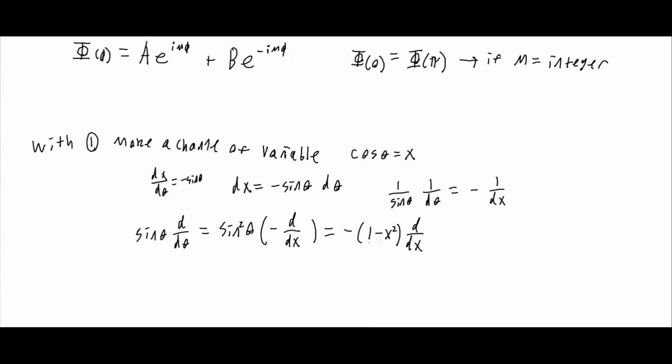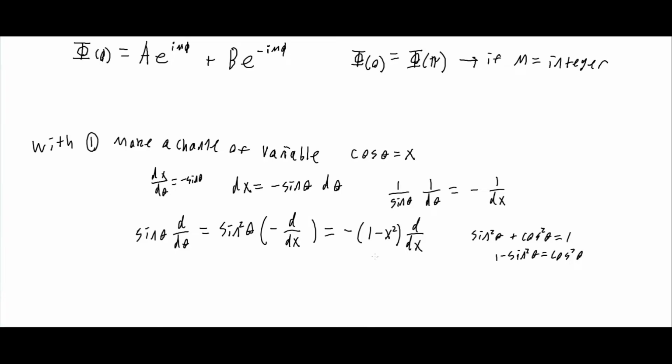And so this right here just comes from the fact that if we have sine squared of theta plus cosine squared of theta, that equals 1. So if we just subtract sine from both sides, then we have 1 minus sine squared of theta equals cosine squared of theta. Well, I think this is doing it the other way around, but anyway, it allows us, when we have this x equal to cosine of theta, to get to this 1 minus x squared.